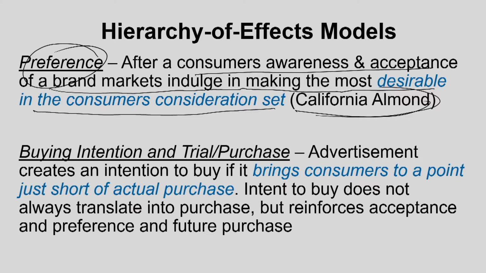Tata group of health products is also selling almonds, and California Almond is another company selling almonds. If California Almond can shape and advertise its product in such a way, saying that it is a healthy snack or whatever, in a matter-of-fact way, and if it can successfully make the consumer prefer it over some other product, then it has achieved the role of preference.